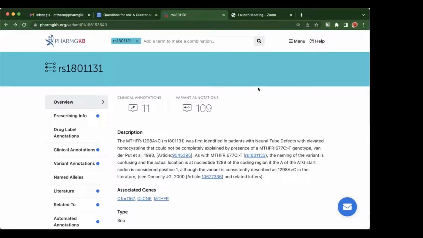Okay, well, yeah, I mean, you're saying that the assignment of no change is not super reliable, right?